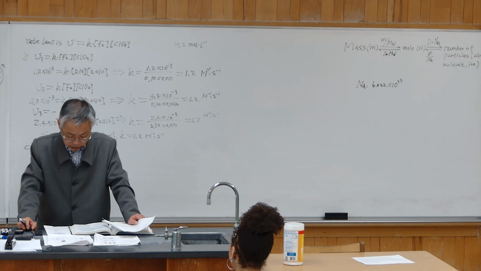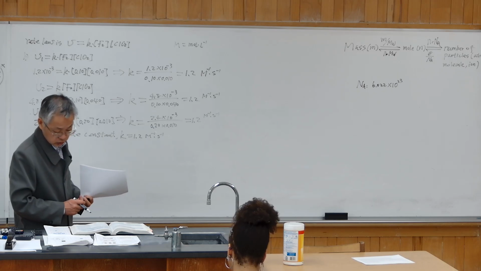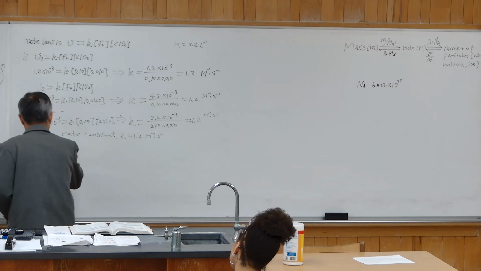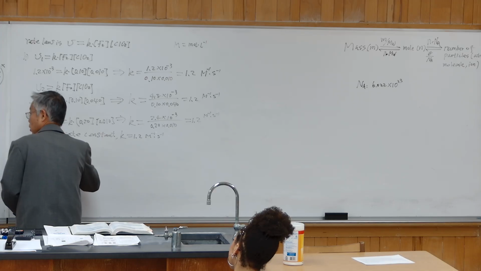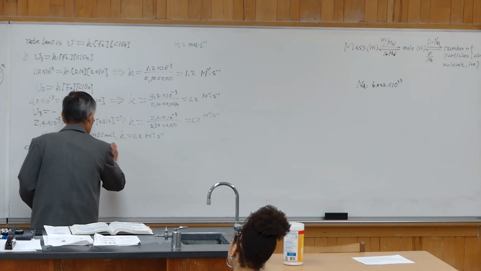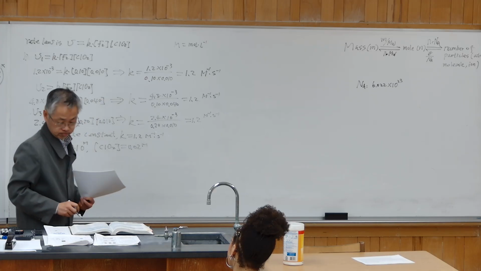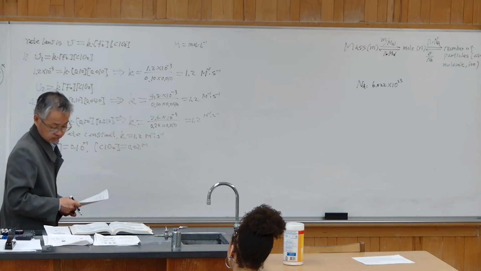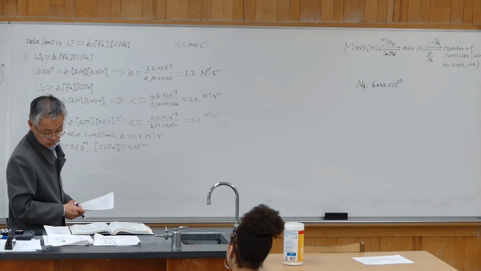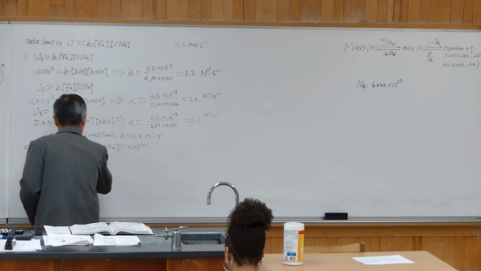C asks you to calculate the rate of the reaction when F2 concentration is 0.01 and ClO2 concentration is 0.02. No, F2 concentration is 0.01, not 0.1.